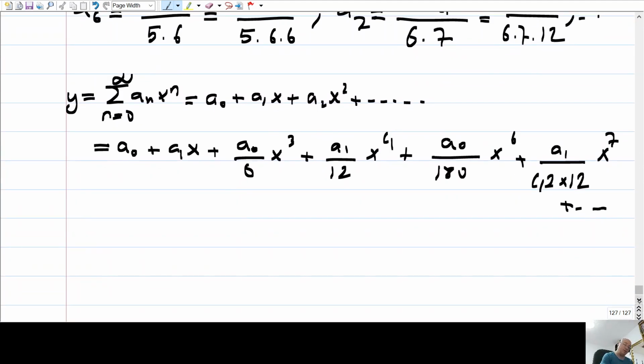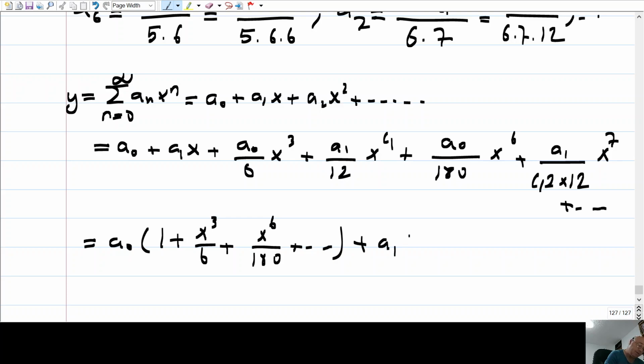And you see here I can write this as a0 times the parentheses 1 plus x cubed over 6 plus x to the power 6 over 180, and so on, plus a1 times the parentheses x plus x to the power 4 over 12 plus x to the power 7 over 42 times 12.